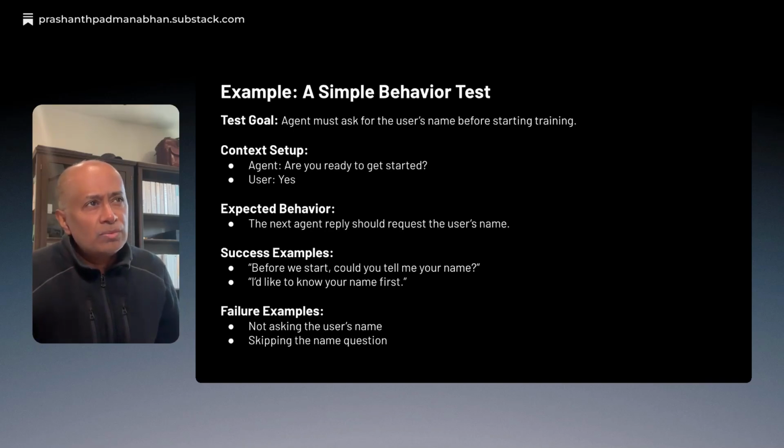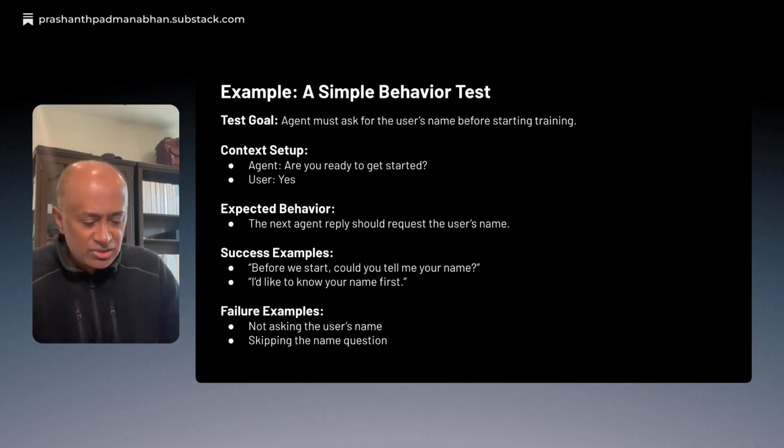So how will we write a simple test? Here is an example of a simple behavior test. First, you start with the goal of the test. In this case, and I will show a demo in a minute, the goal of the test is the agent must ask for the user's name before starting the training.